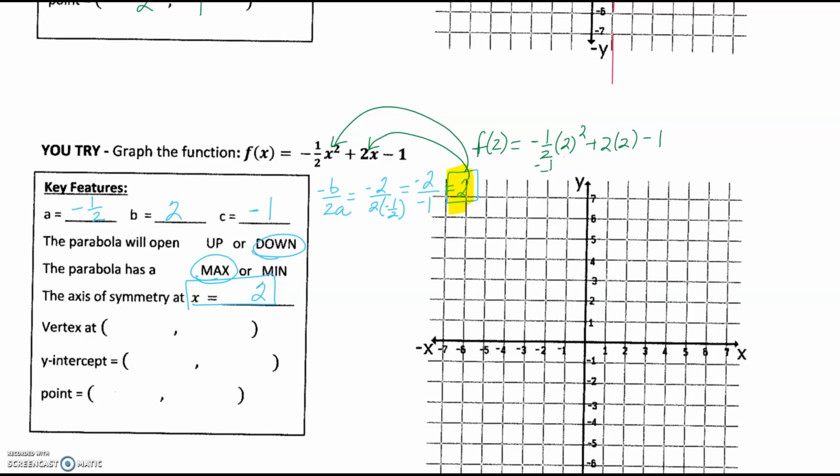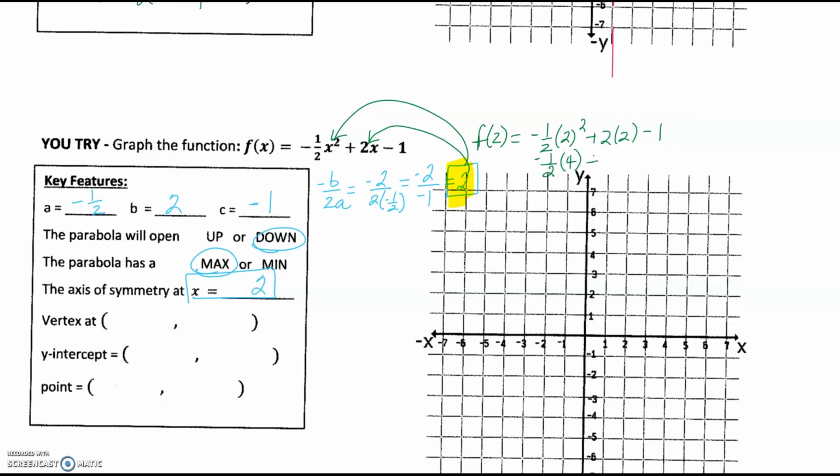So this is going to be negative 1/2 times 4, 2 squared is 4, plus 2 times 2 is 4, minus 1, equals, what is half of 4? Half of 4 is 2, so negative 1/2 of 4 would be negative 2 plus 4 minus 1. Okay, so negative 2 plus 4 is 2, and 2 minus 1 is 1.